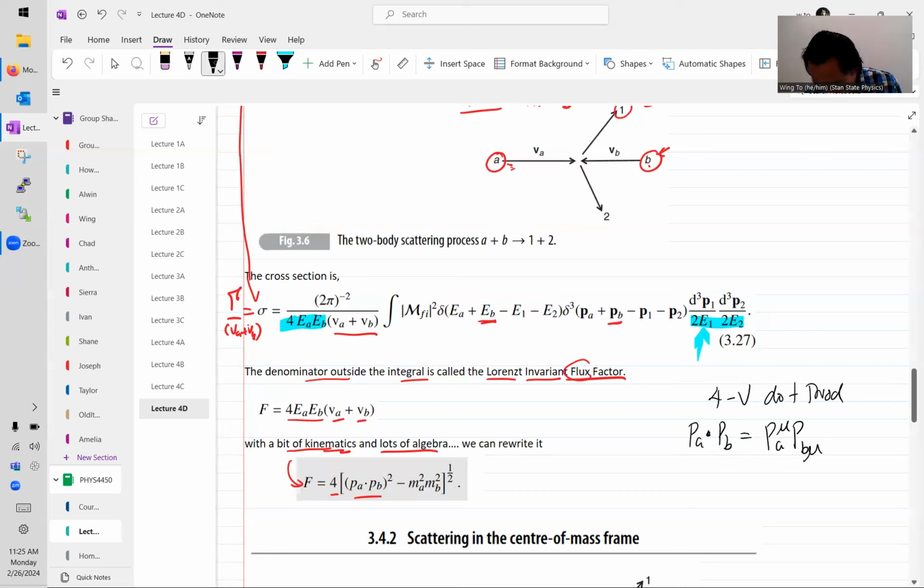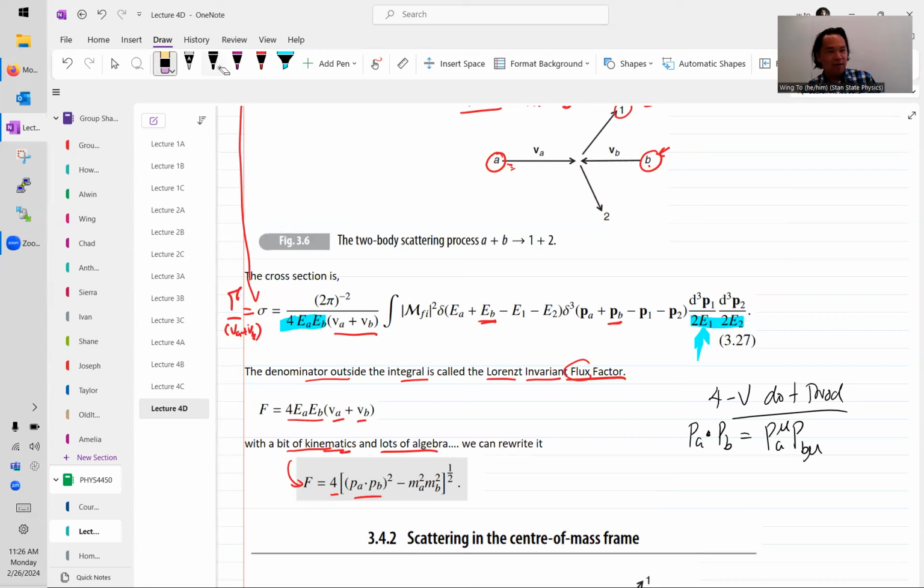I was wondering about that myself, Wing, and I think the fact that they aren't bolded is the way he's trying to signal that they're 4-vectors instead of 3-vectors. Yeah, but sometimes he writes 3-vectors without bolding them either. Oh, okay. Oh man. So in the homework, what I asked you to do is, if there's a 3-vector and you want the magnitude of that, you just put a star next to it. That's the convention he defined in the first chapter, but then he's not following it in chapter 3.